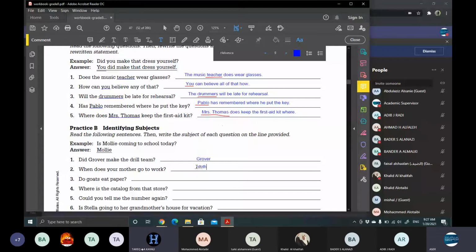Because when you change it into a statement, you say your mother does go to work. Yes. So Safe, if we need to change this question into a statement, we will say your mother goes or does go to work.